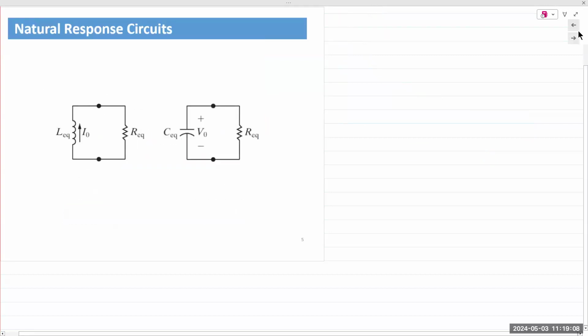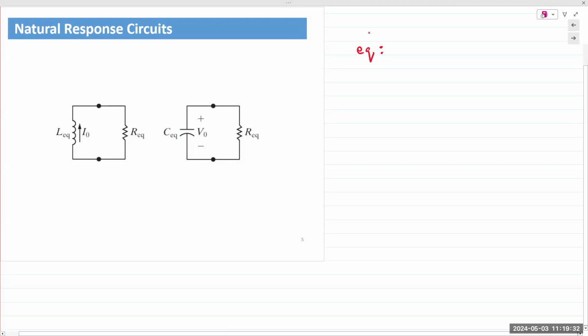So based on that, we have 4 different kinds of circuits. We have natural response for inductor and capacitor. We have the forced response for inductor and capacitor. If you note, we have 1R, 1L, and 1R and 1C in these circuits. But the EQ stands for total equivalent inductance or total equivalent capacitance.